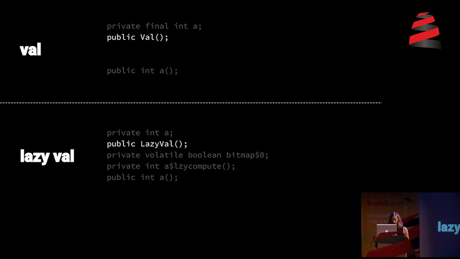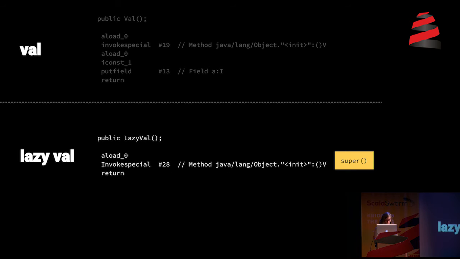Let's look. We already know that the constructor of val initialized the value of A to be 1. We saw it before. So the constructor of lazy val, as you can see, again, calls the super first, and then it simply returns. It is very similar to the constructor of def we saw before.